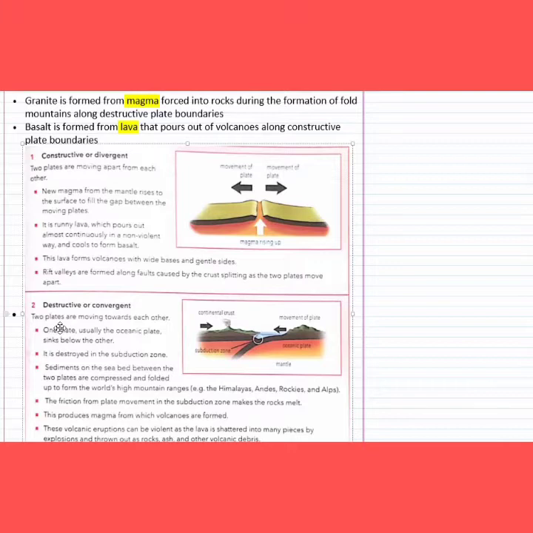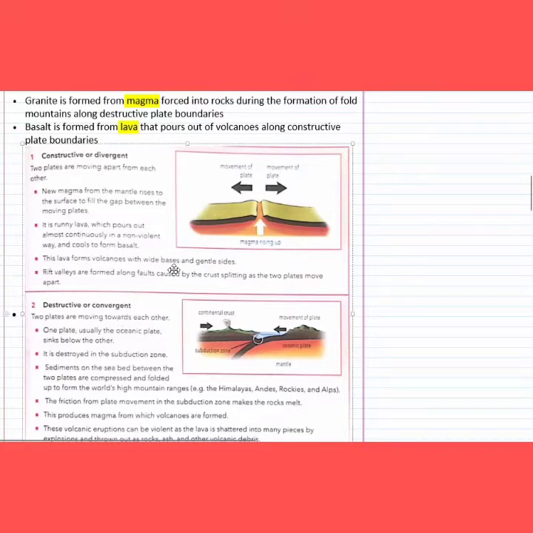Also, something really important to remember is that it forms volcanoes with wide bases and gentle sides. You may be shown a photograph of a mountain and asked what type of plate movement formed it. If it's a tall, steep-sided cone, then it's destructive plate movement.